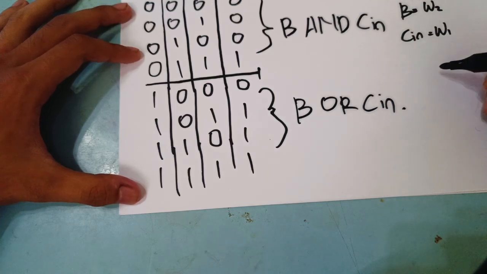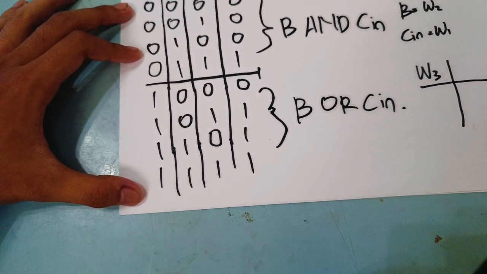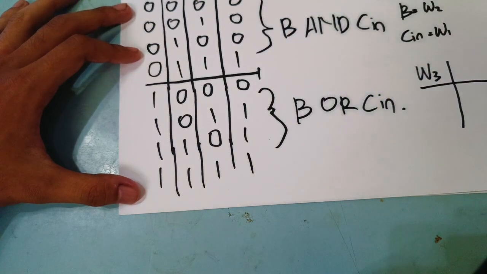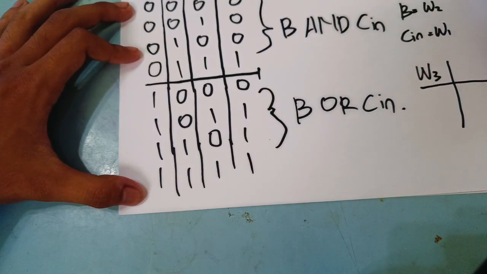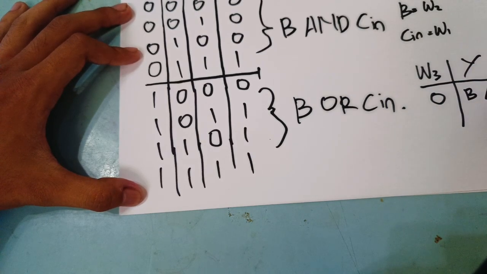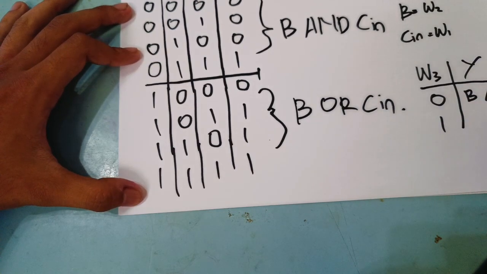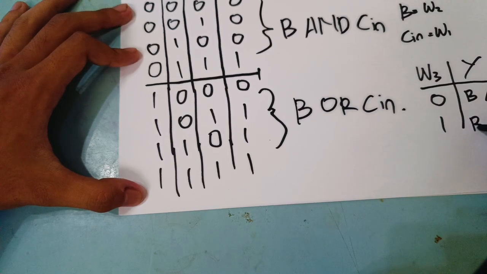So this will be W3, and the output, Cout, is equal to Y. So when W3 is 0, Y will be B and C. And when W3 is 1, Y will be B or C.